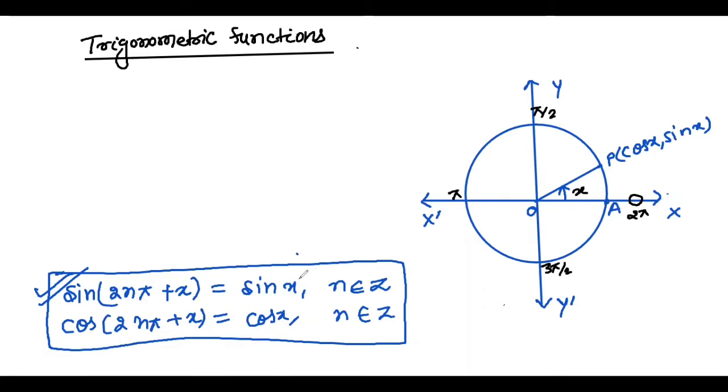Now we'll discuss one more concept. We know that at the x-axis, y coordinate will always be 0.